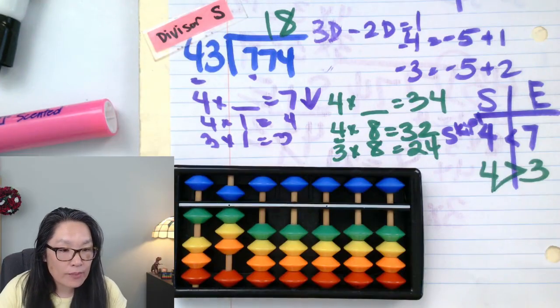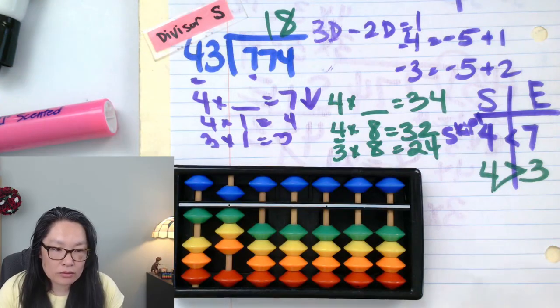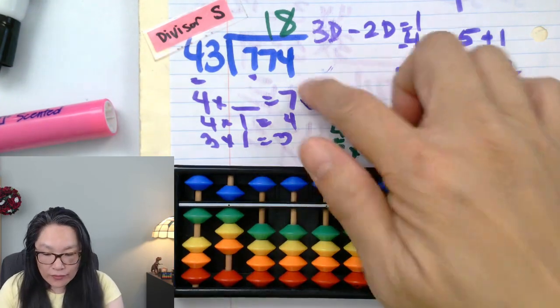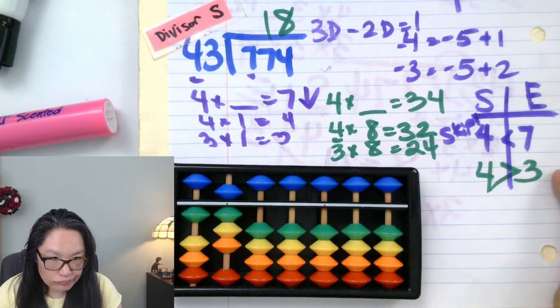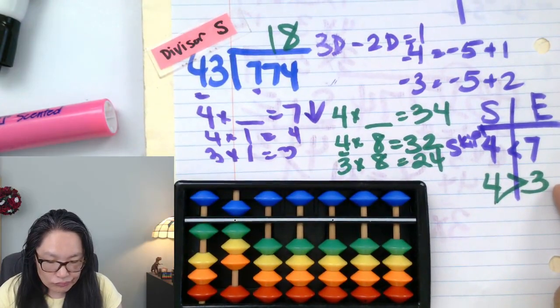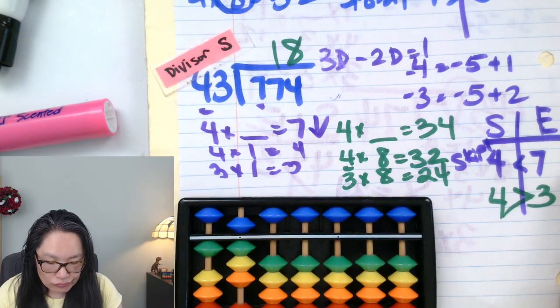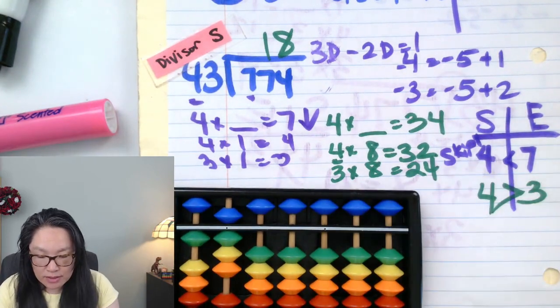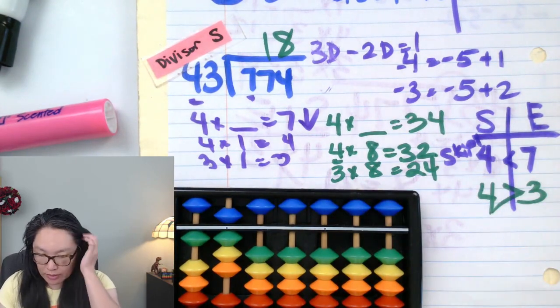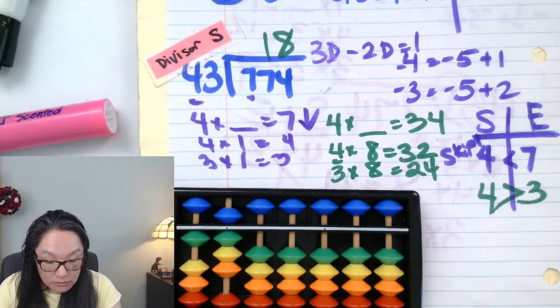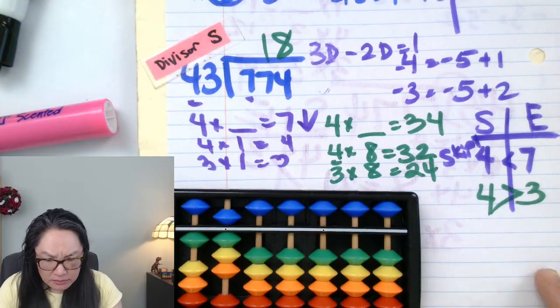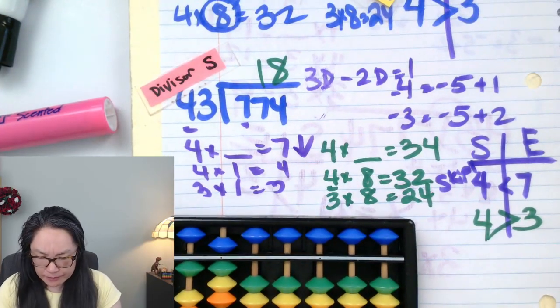What if your answer has a remainder like 9/4? Then you keep it, right? So if we did, I don't know, 6? It would be the same.